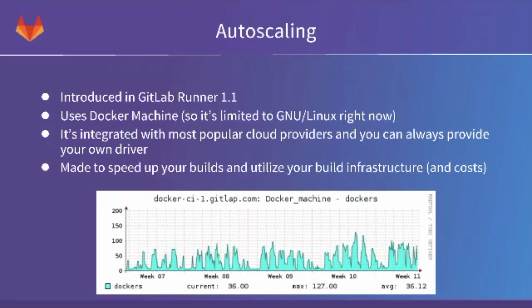On the second hand, you can reduce the build times by having shorter wait queues. And the third and fourth thing is reducing the cost of your infrastructure and the managing overhead of your administrators. So as a summary, autoscaling is a big deal because it allows you to increase the happiness of your development team.